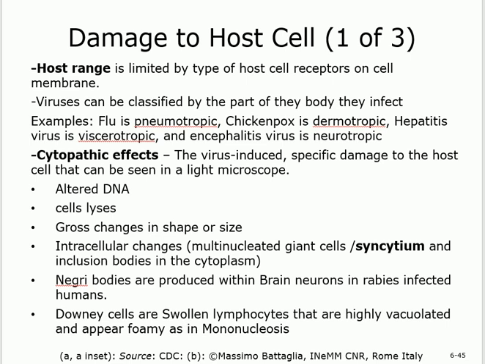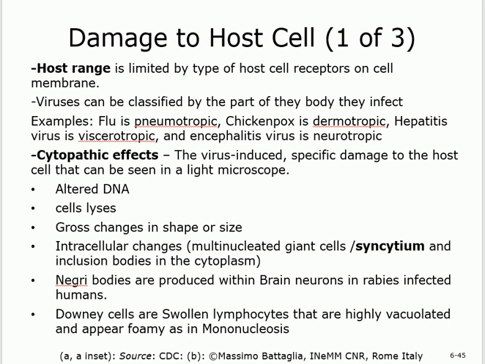It can do some gross changes in the shape or the size of the cell. Like if I occupy this cell and I want you to make more copies, and these copies are big, I will make this cell become bigger in order to accommodate my needs, right? Or I can make it look different. It can make other changes inside the cell itself. Like it can make multinucleated giant cells.